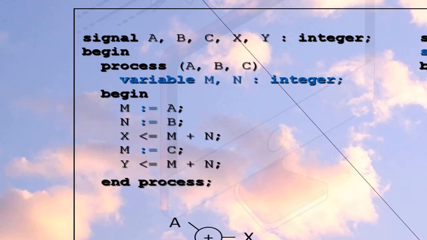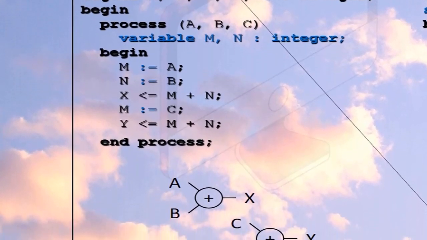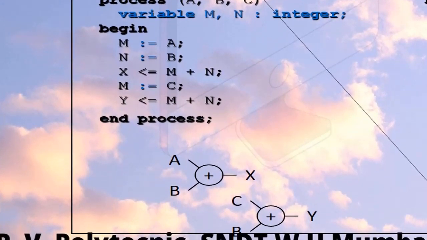So if we say M is A and N is B, since M and N are integer variables, they will be immediately assigned the values A and B. And if you say X is equal to M plus N, then you will get X equal to A plus B, because it is an immediate assignment.